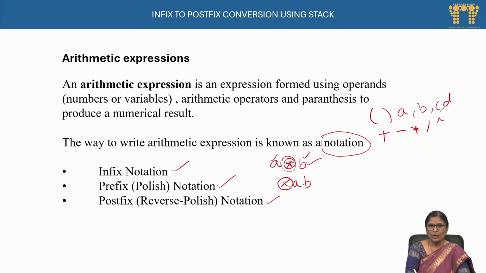If A and B are the operands, the operator followed by the operands is called prefix notation. Next, postfix notation: first the operands, followed by the arithmetic operator. If an arithmetic expression is of this form, we say it is postfix notation.